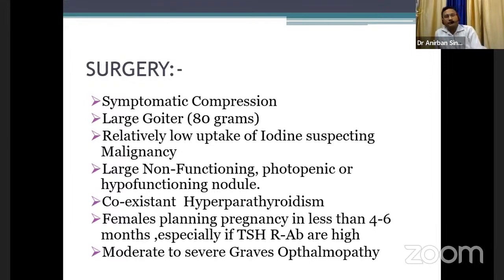Surgery is important when the patient has a huge goiter, as I said, more than 80 grams, or non-functioning nodules, or coexisting conditions. Family planning and pregnancy are less important with a high TSH receptor antibody titer, because surgery can be planned for these patients.